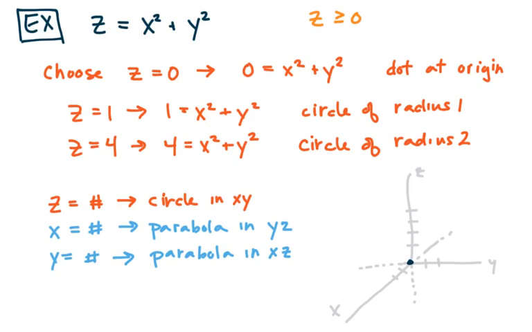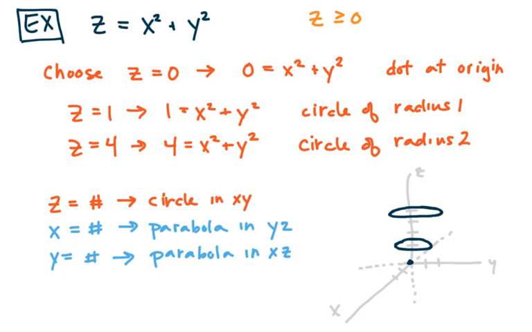If we let z equal 1, we're going to get a circle in that xy plane. That's a circle of radius 1. So I'm going to draw that around there. And if we look at z being equal to 4, up at the 4th rung on that vertical ladder, we're going to have a circle of radius 2, so a bigger circle.